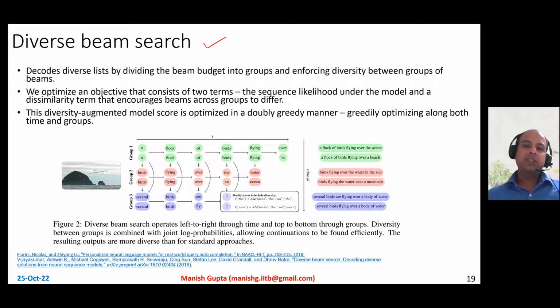In such cases, the beam search becomes doubly greedy. In some ways, it is greedy because it tries to maximize the probability and gets the top k suggestions, which have maximum generation probability from a language modeling perspective. But on the other hand, it also becomes greedy from the perspective of generating diversity with respect to groups of suggestions that are getting generated. So therefore, the diverse beam search is in some ways optimizing a doubly greedy objective.